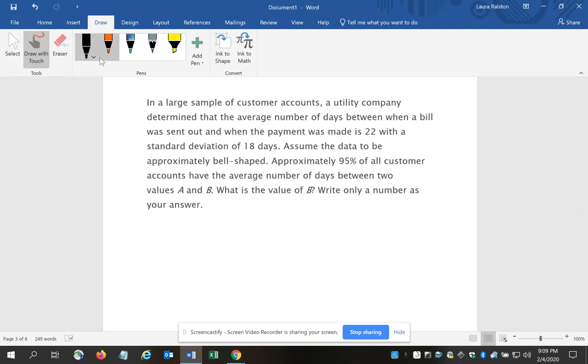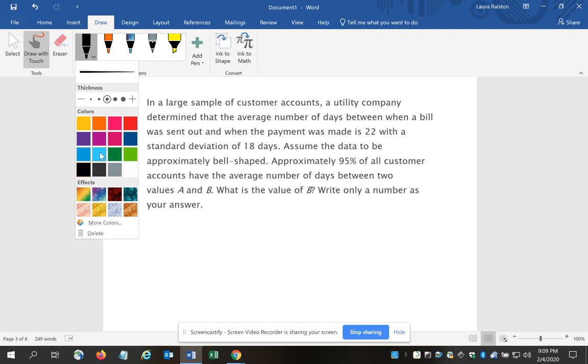So this one reads: in a large sample of customer accounts, a utility company determined the average number of days between when a bill was sent out and when the payment was made is 22, with a standard deviation of 18 days. Assume the data to be approximately bell-shaped. Approximately 95% of all customer accounts have the average number of days between two values A and B. What is the value of B?